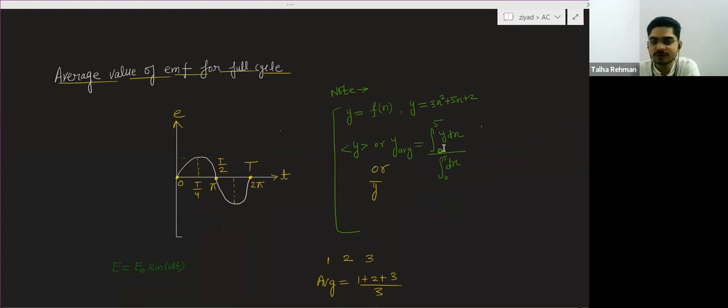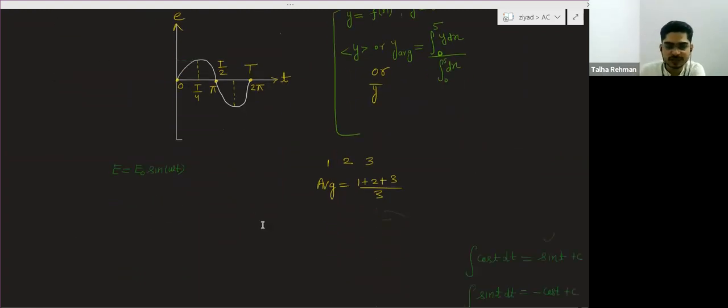Then how will you calculate? You will first integrate this function with respect to x from 0 to 5, and integrate dx from 0 to 5. So basically, you can see this is the sum of the values of the function at different times, and this is the sum of the x values that you are putting in the function.